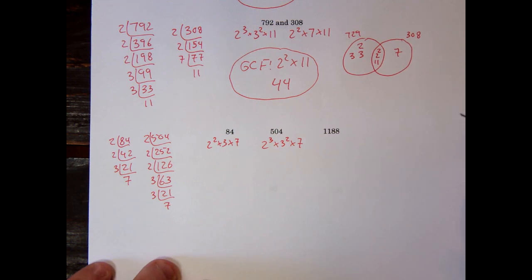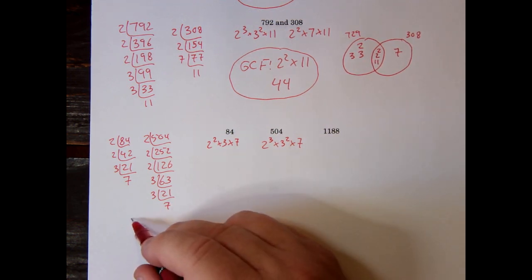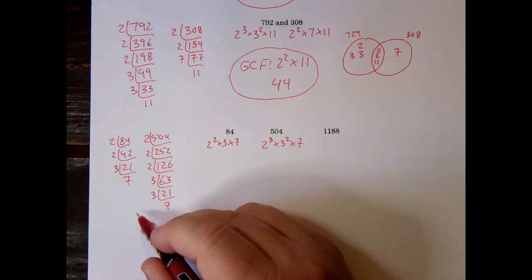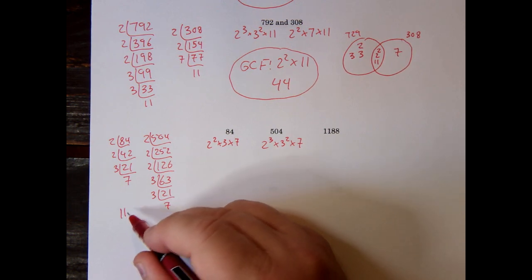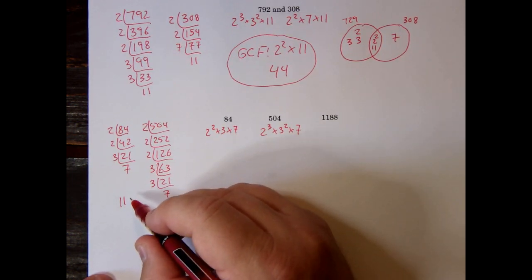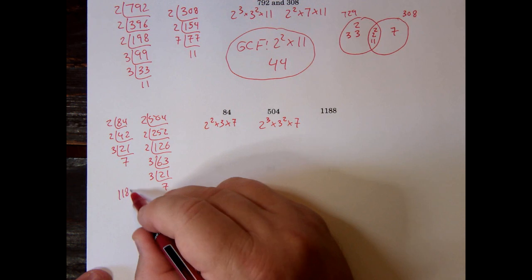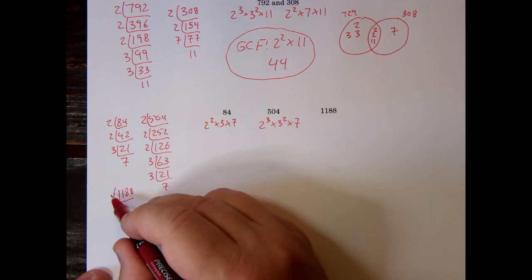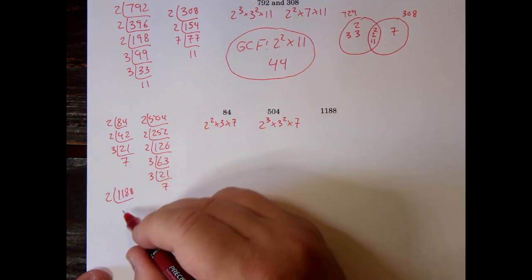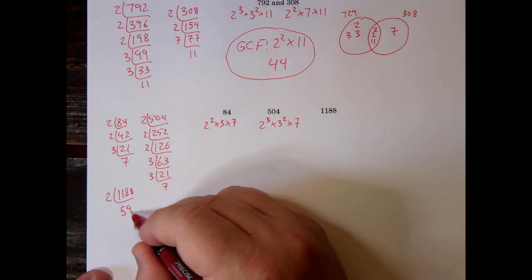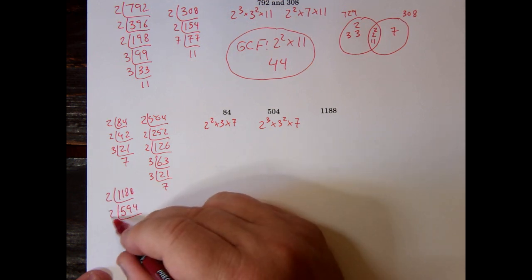Then 1188. Let's see, 1188. 2 goes into that, leaving 594. Divide 2 out of there.